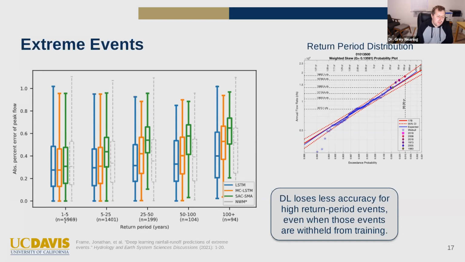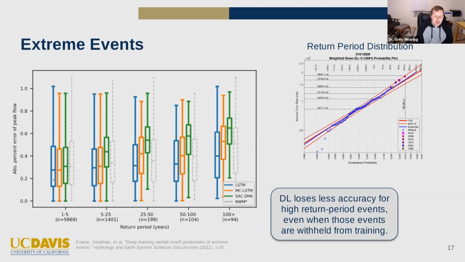There were 5,969 water years of data where the return period for that particular basin was between 1 and 5 years. And then we tested on return periods in all of these categories: 5 to 25 years, 25 to 50 years, 50 to 100 years, and then 100 years plus. So these are the number of basin-specific water years in the CAMELS data set with these particular return periods. And of course, we did return period calculations separately for each basin.